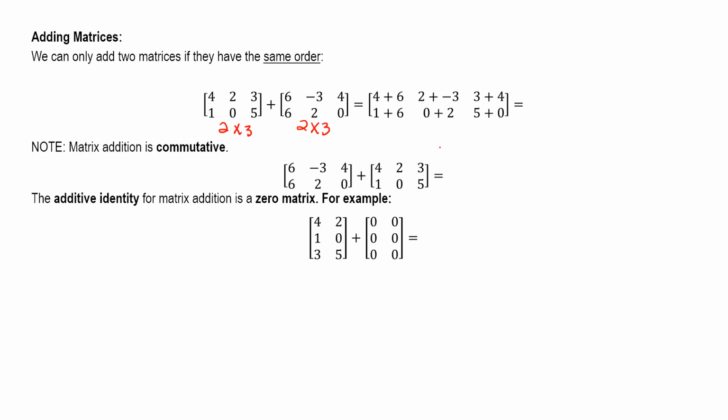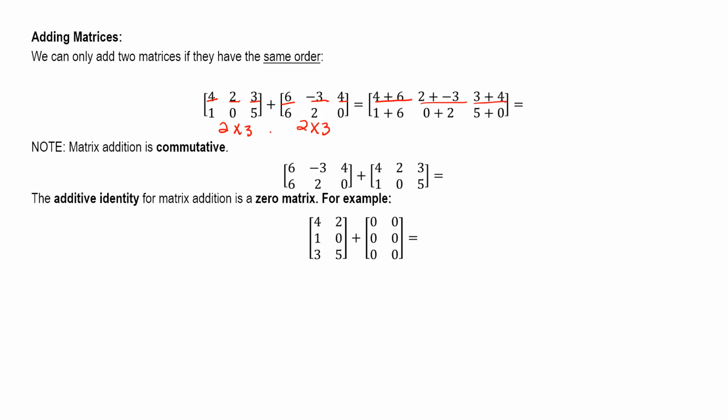And all you have to do to add two matrices is add the elements that are in the same position. So the first row, first column is a 4, first row, first column is a 6. So you add those. First row, second column, 2, -3, you add those, and that goes in that position. 3, add it to 4, and that goes in that position.